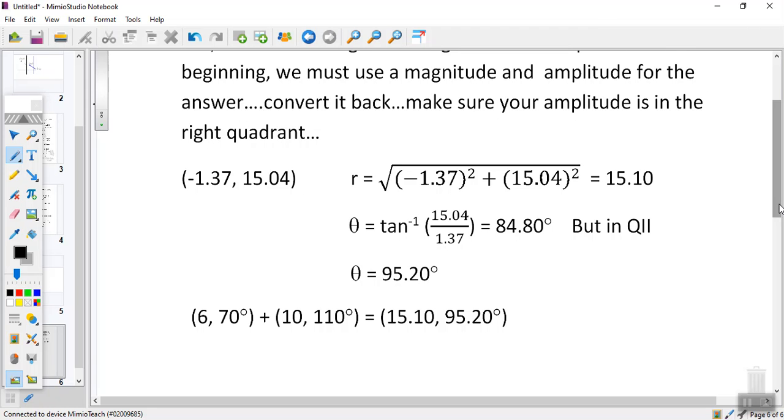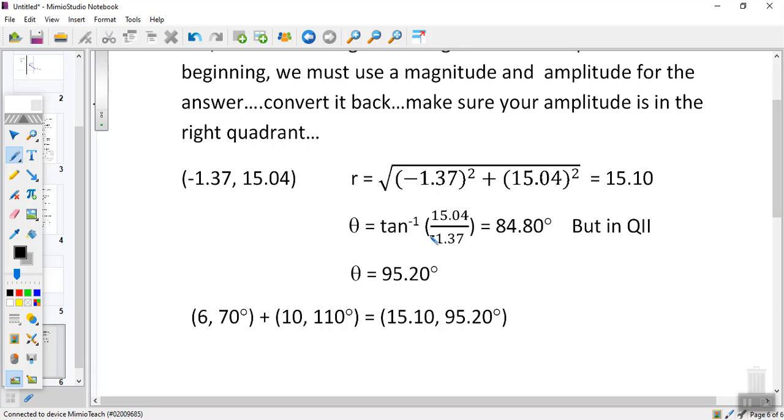This is the thing I worry about right here. When I do the tangent inverse, we did 15.04 over what? To get 84.8. But the angle that we measured when we actually drew it was about how many degrees? 94. Not bad. Shouldn't the 1.37 be negative? Say that again. Shouldn't the 1.37 be negative? I totally agree. There's a mistake up here.